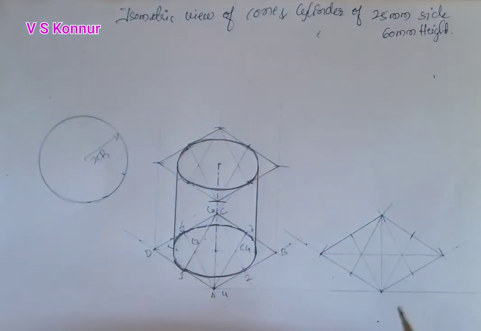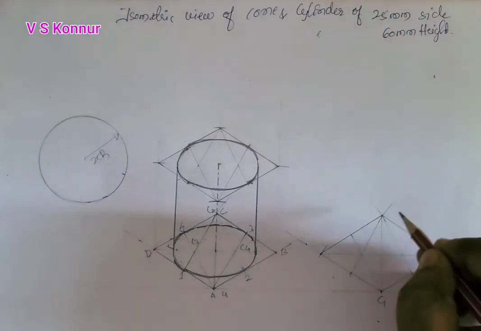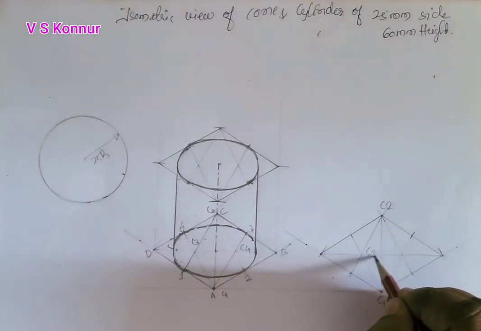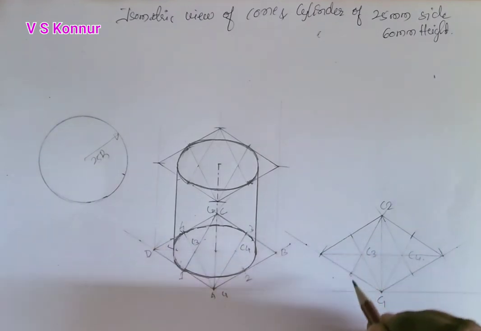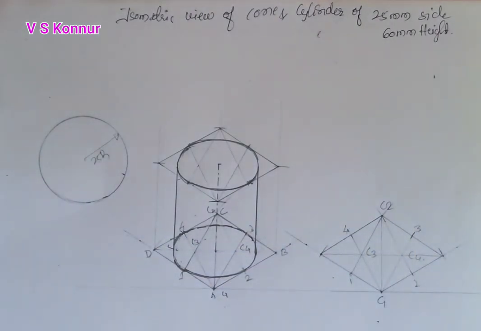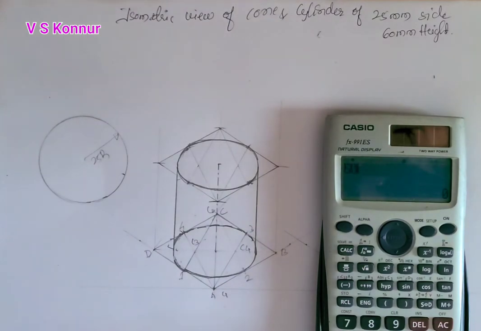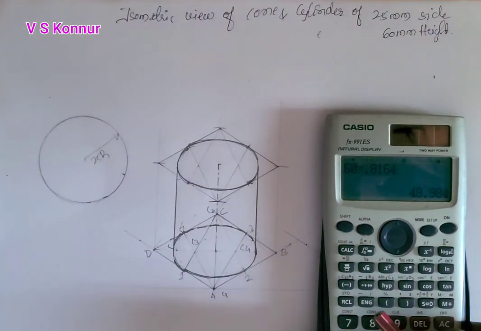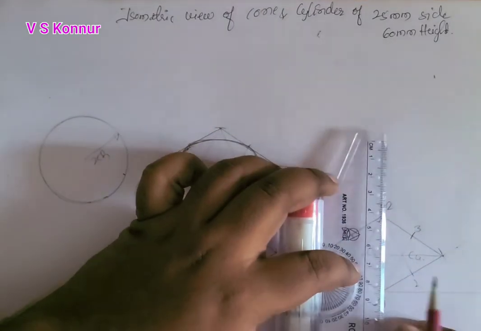Just for convenience, we'll write here C1, C2, C3, C4, and also write 1, 2, 3, 4. And the height is 60 mm. 60 is converted into 48.98, that is 50.